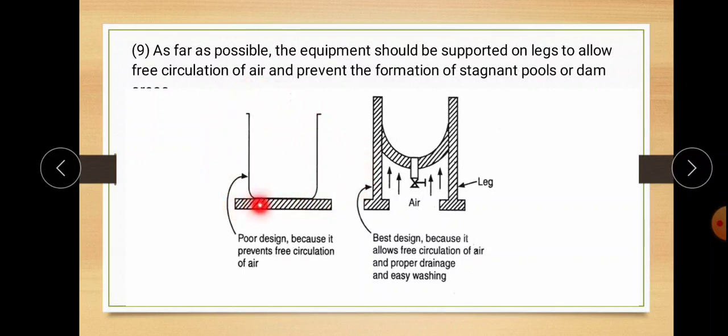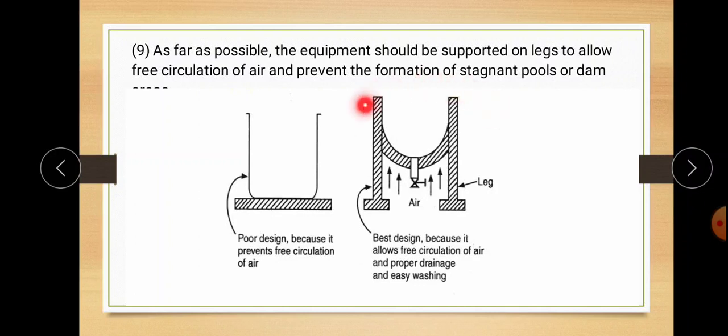Air is not available there and there is a possibility of corrosion, and the rate of corrosion is enhanced because there is no free-flowing aeration. Therefore aerated and non-aerated areas are formed, and hence the corrosion rate is enhanced here only because of the design.